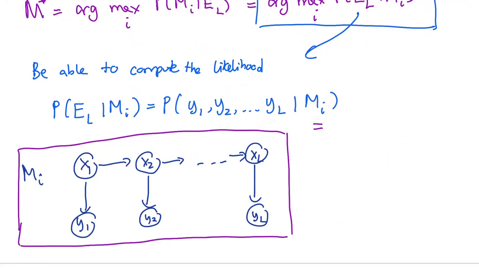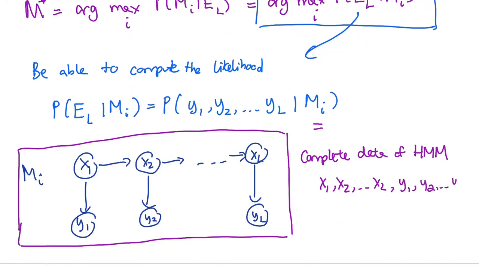The complete data of a hidden Markov model is really x1, x2, up to xL, and y1, y2, up to yL, right? The complete data that specifies a hidden Markov model really is the latent variable and the observation. But in practice, I don't observe the latent variable.